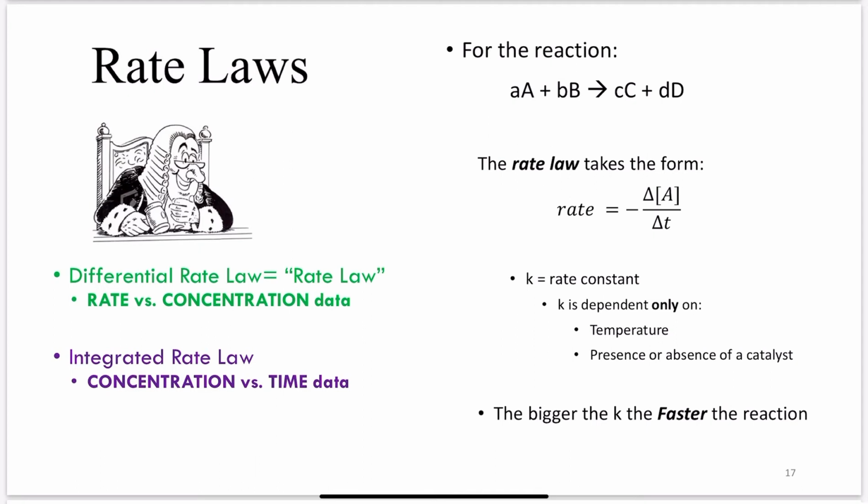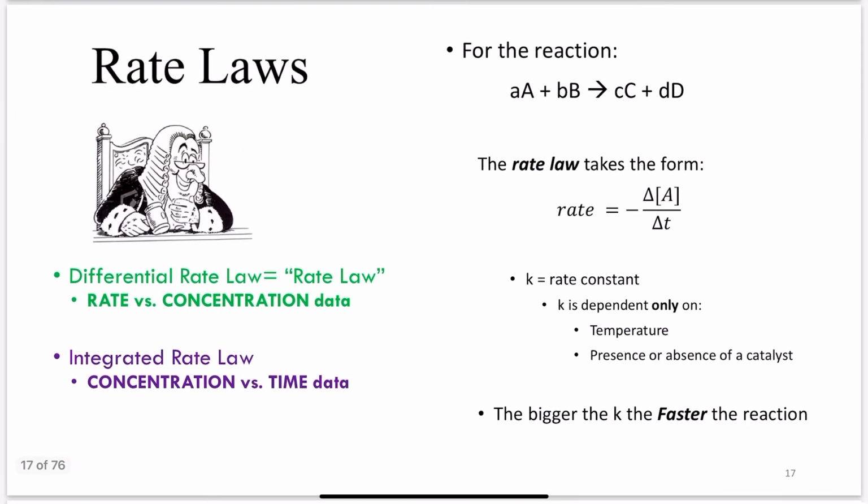So if I look at the reaction, a moles of A reacts with b moles of B, giving me c moles of C plus d moles of D, the rate law takes the form, rate is equal to negative, I apologize. This is your rate. That's what we've learned about previously.